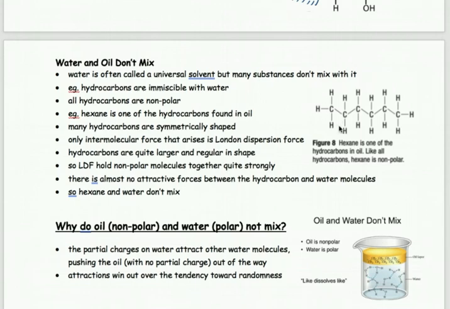So you have a nonpolar substance here, and remember, when it comes to intermolecular forces, nonpolar and nonpolar compounds will bond together using London dispersion force, LDF, which is the weakest of all the forces.